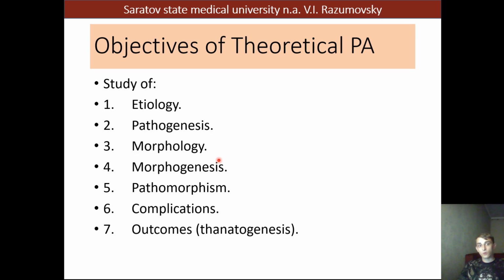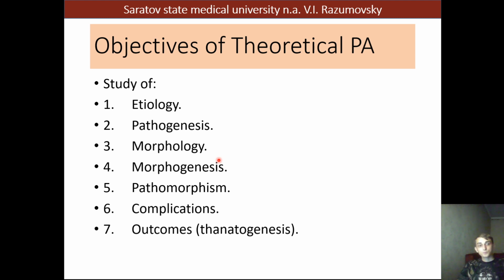For example, for pneumonia, it would mostly be bacterial or viral pneumonia. Sometimes it may be pneumonia associated with thrombosis, embolism, and other reasons. So etiology is about the reason of disease. Pathogenesis.